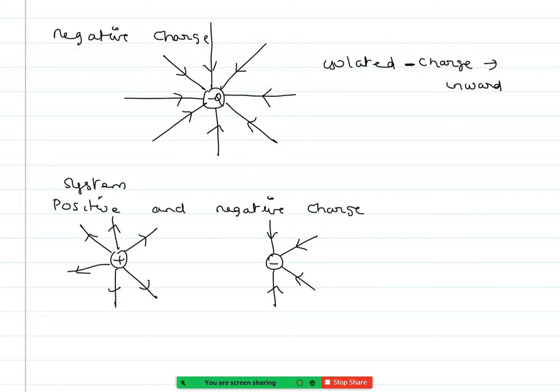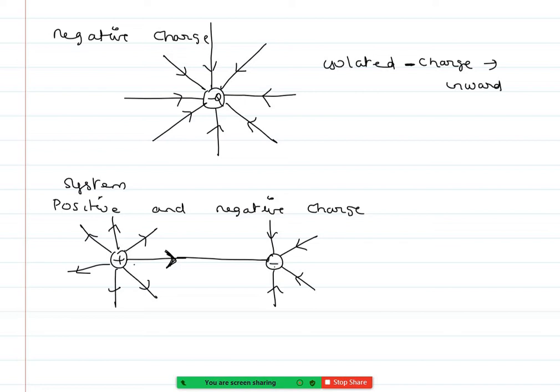First, listen to this. See, when one line is coming here, what happens? This will exert a force of attraction towards this negative charge. So this will be a force of attraction. Look at this. For a positive charge, the electric field line is outward, and for the negative charge, the electric field is inward. So the line starts from the positive charge and it ends at the negative charge.